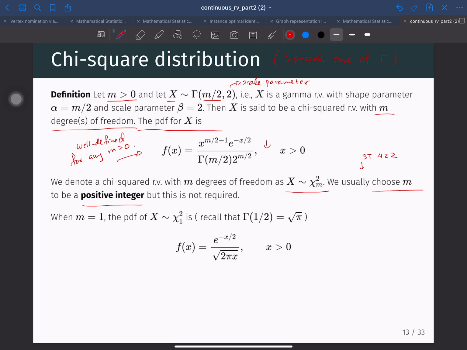It turns out that there is a very interesting relationship between the chi-squared and the normal, and that is given by problem 6.7 in your textbook. If z is standard normal, then z squared is chi-squared with 1 degree of freedom. So a chi-squared with 1 degree of freedom is the square of a standard normal.